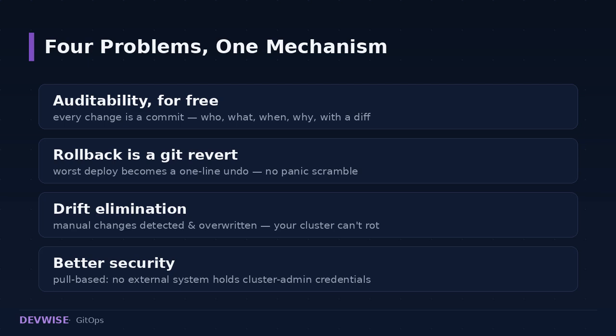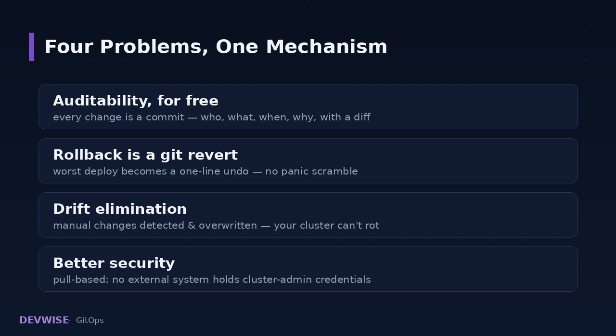Who changed what, when, and why, with a diff and a pull request discussion attached. No separate change management system. No more wondering who deployed this mystery at 3 a.m. Compliance and security teams love this more than almost anything, because your entire operational history is already a signed, time-stamped, reviewable record. Auditing becomes reading the Git log.